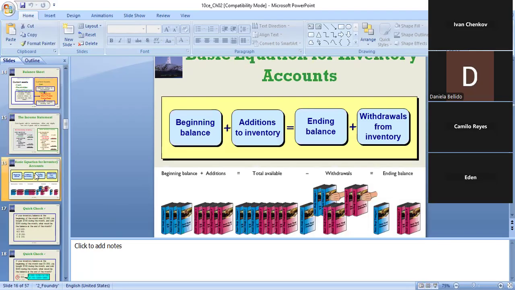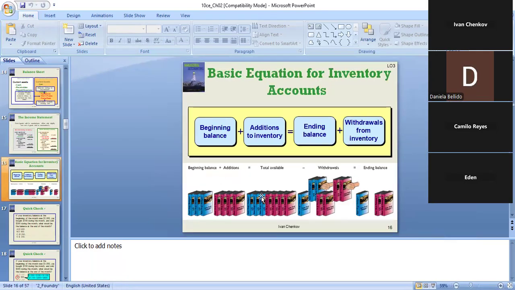Now, in any T account, what we have to remember is that the beginning balance plus the additions is always equal to the ending balance plus whatever was taken away from the account.